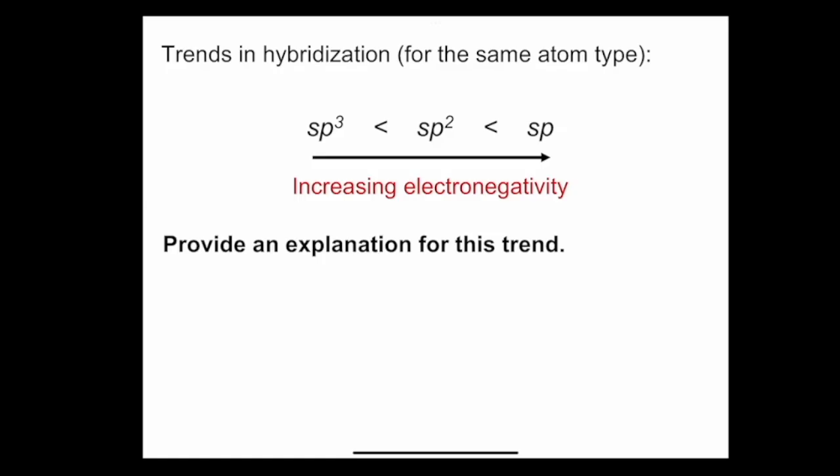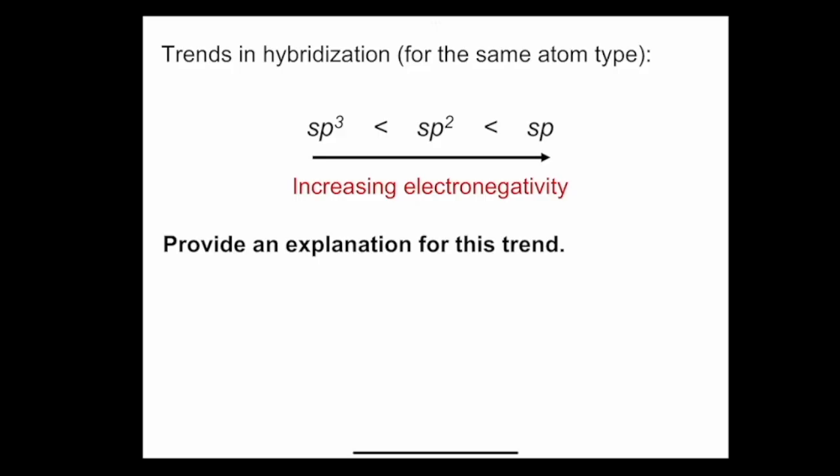The last thing I want to talk about in terms of electronegativity. Most of the time we apply this to carbon, nitrogen, oxygen, or silicon, phosphorus, sulfur, right? Left and right in a row. However, hybridization matters. If we had an element that was sp3 hybridized, we say that's less electronegative compared to sp2, compared to sp.